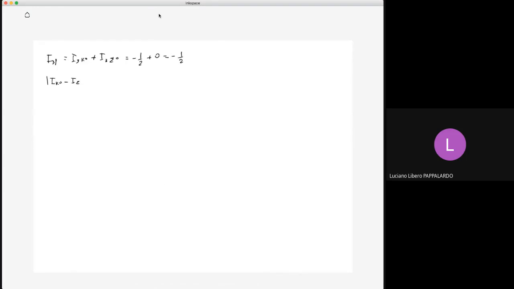I K0 minus I sigma 0, I K0 plus I sigma 0. This is 1/2 minus 1, 1/2 plus 1. And so overall we have two values, 1/2 and 3/2 again. And again, both are possible.